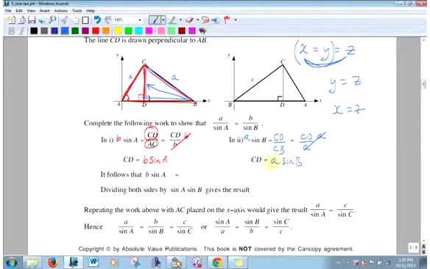Well, if this is CD, and this is also CD, then B sine A is equal to A sine B. If two things are equal to each other, deductive logic tells us this has got to be equal to that. In math, it's called the transitive property.